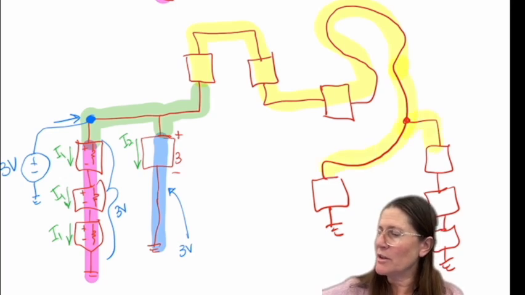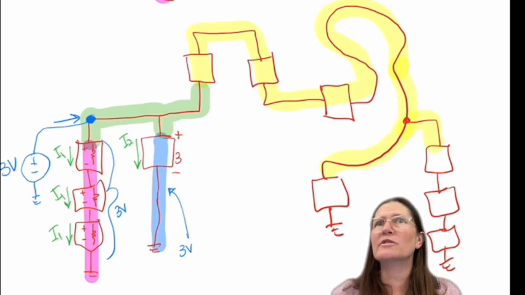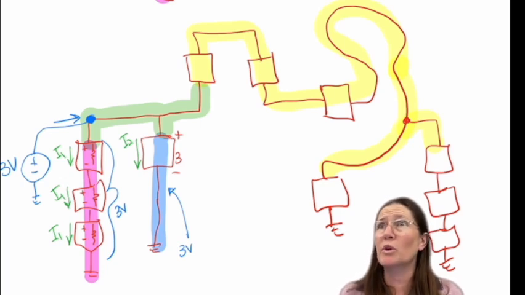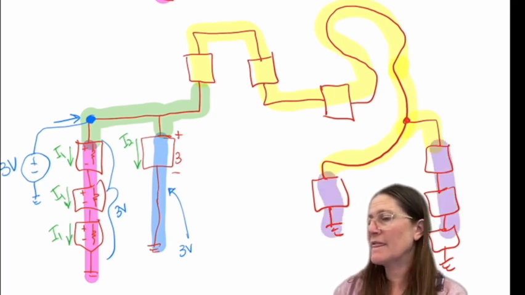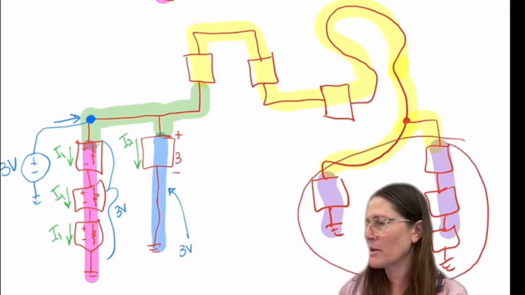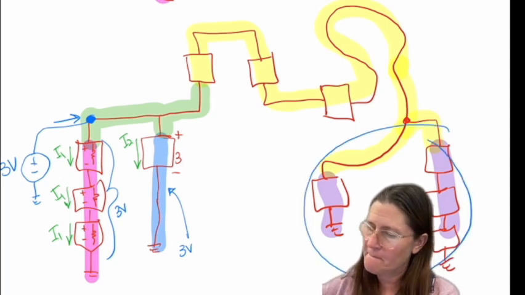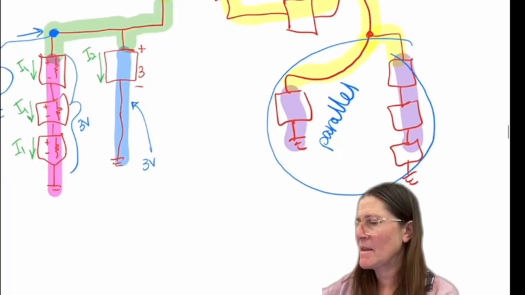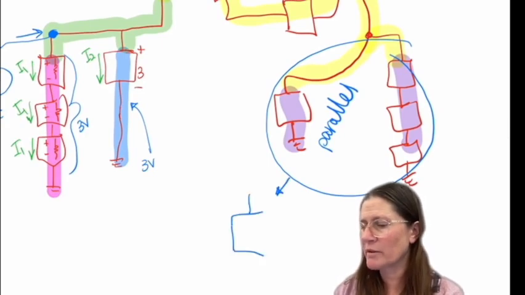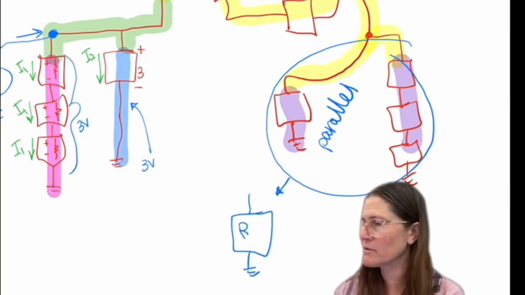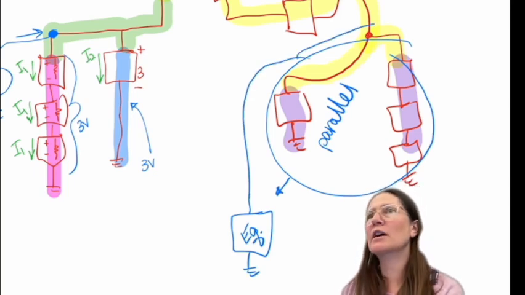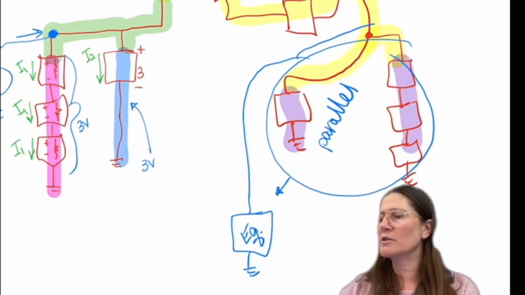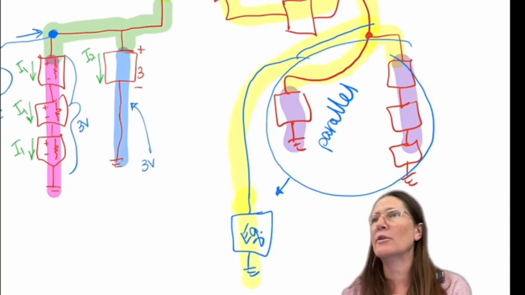So this would continue and hit those and then go into 2 parallel branches that once joined is the same branch as the yellow. But I wanted to demonstrate this because of this concept: these 2 are in parallel and can be rejoined as one. So I could make an equivalent circuit here and connect that in here instead. And then that would be a continuation back to yellow through to ground.